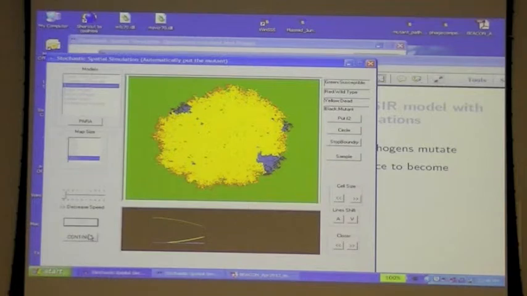The pathogens are colored black when they're actively infected. When they kill the host, the color turns to blue. But what you see here are clonal sectors of various mutants that are appearing on the edge. And sometimes what you'll see in simulations is that a mutant that appears toward the inside of the wave often doesn't have a chance to succeed.